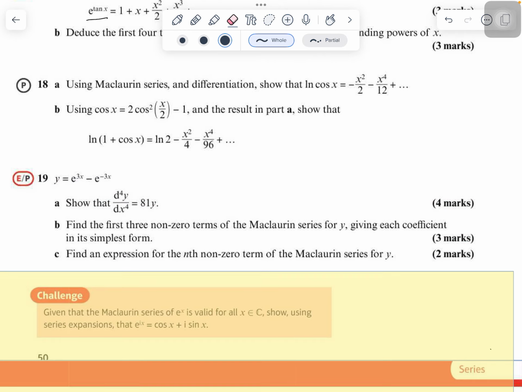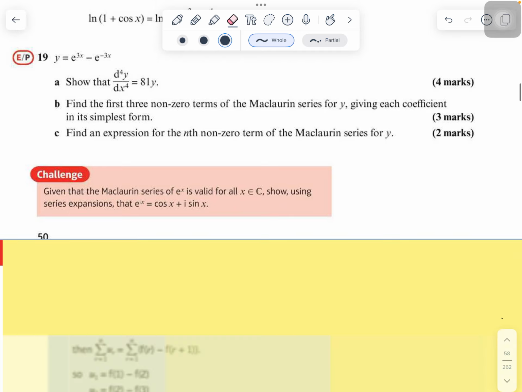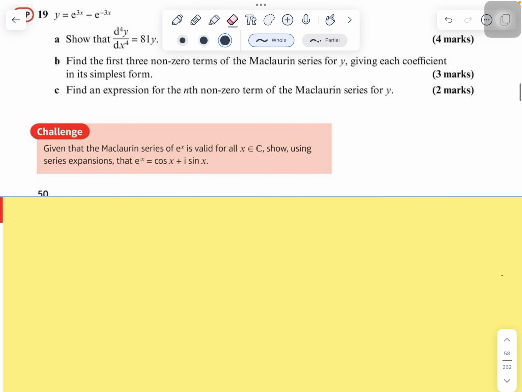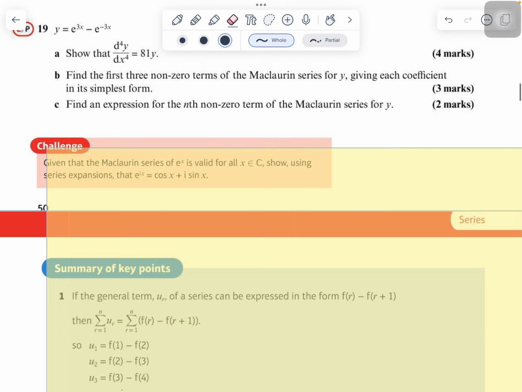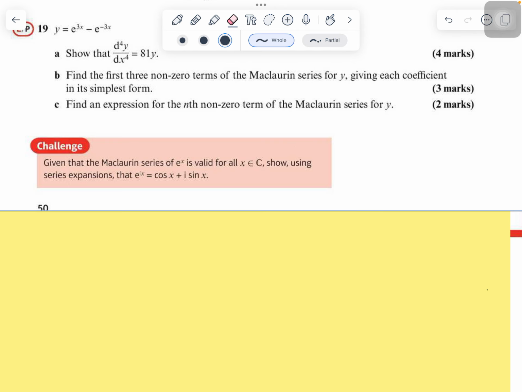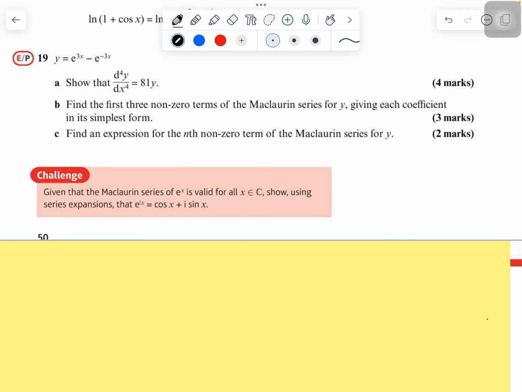And number 19. Okay. So show that x to the power, okay. So now let's find the fourth derivative. Y prime becomes 3 e to the power of 3x plus 3 e to the power of negative 3x.